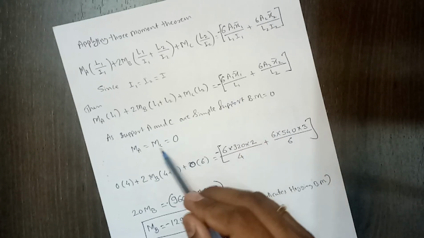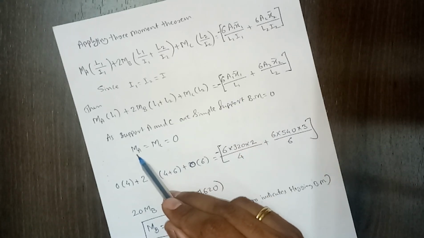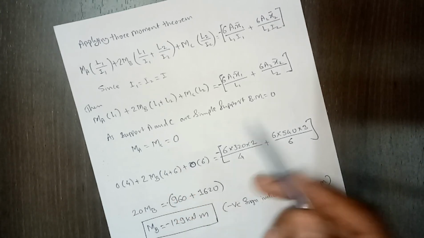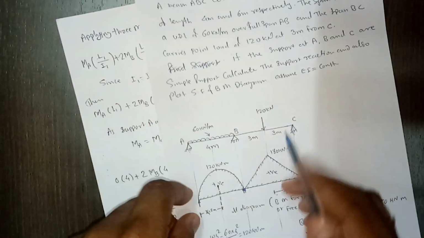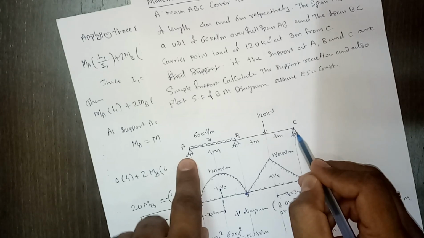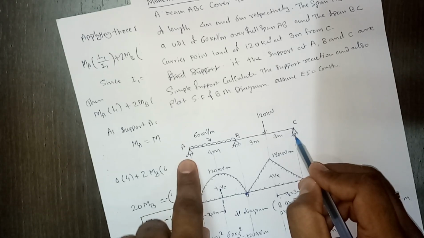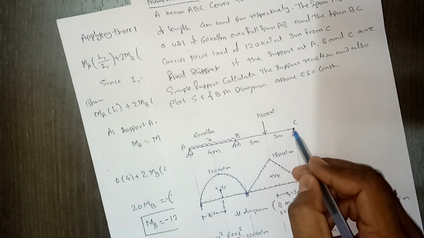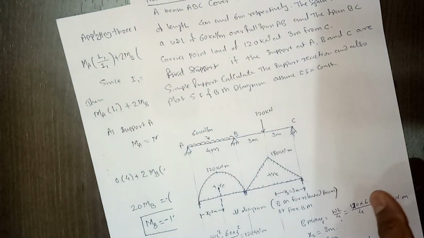Now we'll use the condition that bending moment at point A and bending moment at point C should be 0, because we know that these are end simple supports, and at an end simple support we always get bending moment 0, since these ends won't resist any rotation. That's how the bending moment at these two locations will be 0.